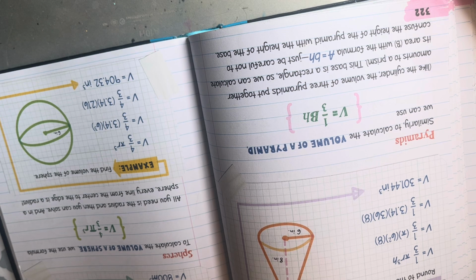Like a cylinder, the base of the cone is a circle, so we can use the formula for the area of a circle.